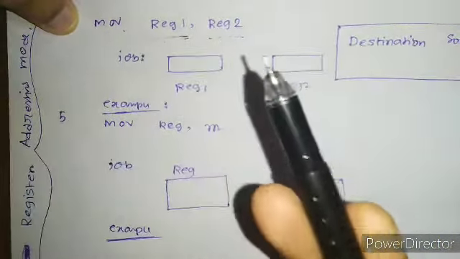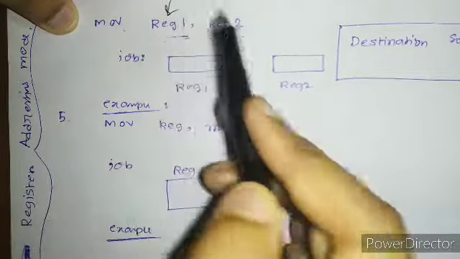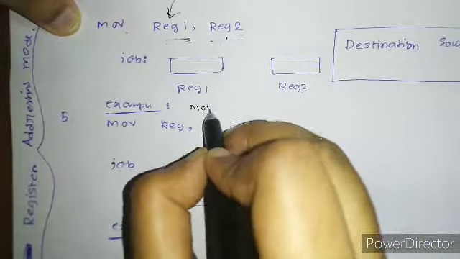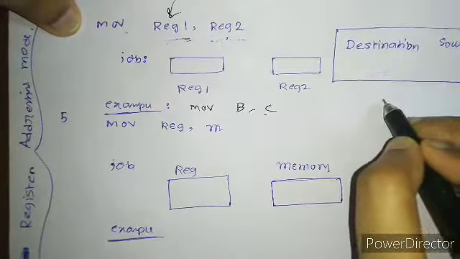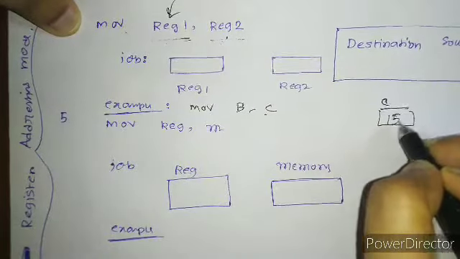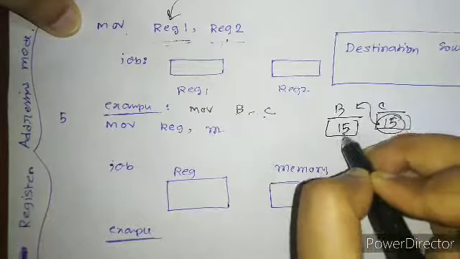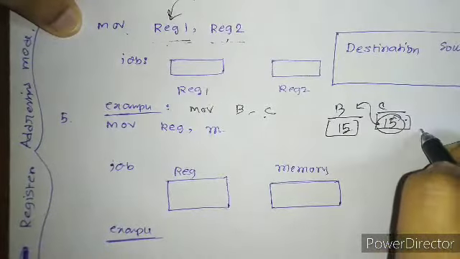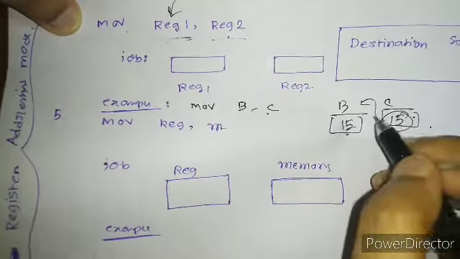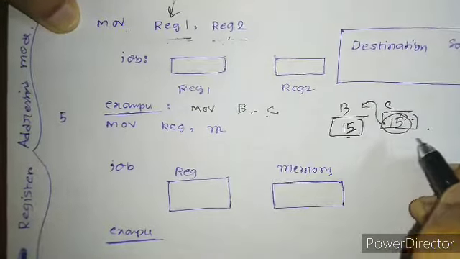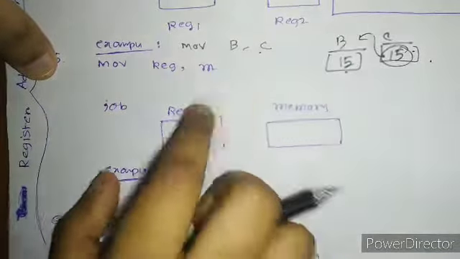It moves the data in register 2 to register 1. Suppose for example, MOV B, C. This means the data which C holds, suppose 15, move the data to B. The data in C remains the same, but B simply copies the data of C. Clear?